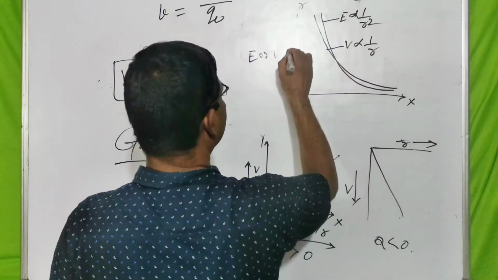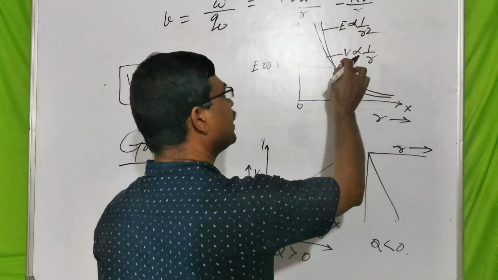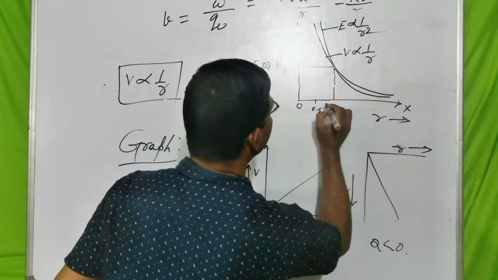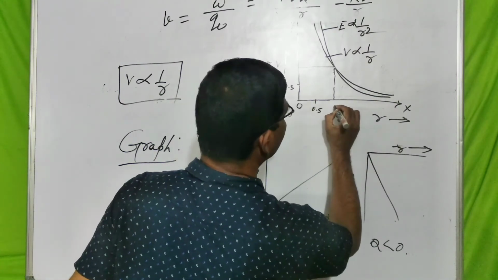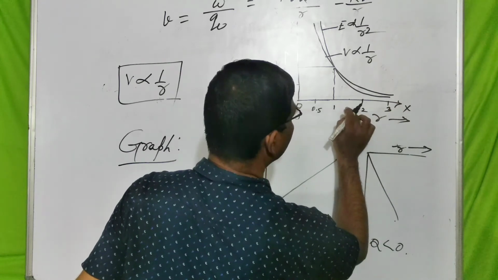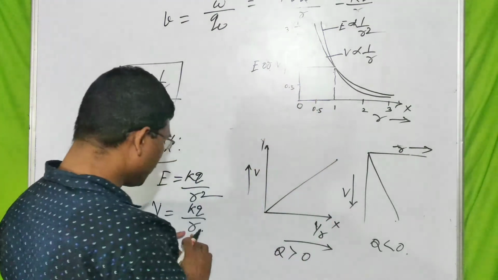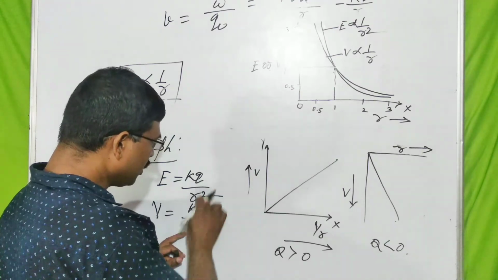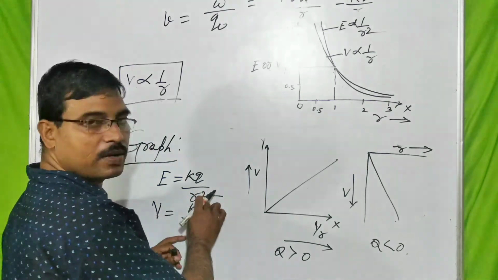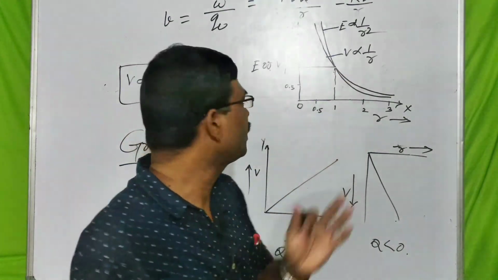E or V on this side, and here r is distance. So this is the point where electric potential and electric field are both equal. How? Suppose you are taking 0.5 here, then 1, then 2, that means 1.5, 2, 2.5, 3. If you take the distance as only 1 unit, what are you getting? You are getting Q. But at the other point, if you take 0.5, because it is square, it differs. So this is the point where electric potential and electric field are both equal.